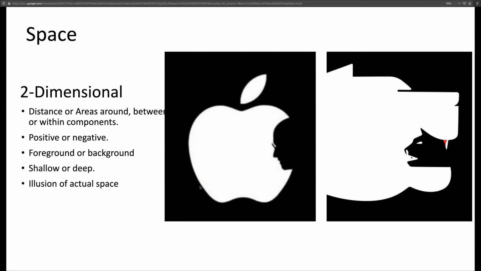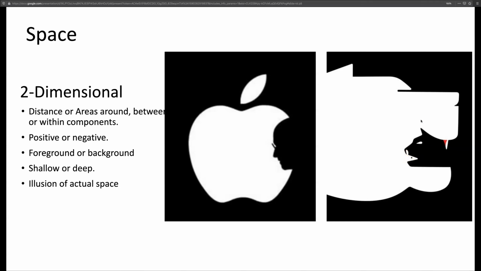And so in these images that I'm showing, you can see the foreground is the apple, but in the background you see the profile of Steve Jobs. This came out the same day he passed away, this image. In this one, the positive and negative, foreground and background go flippity-flop, because you can see a dog, and then in this negative space is a cat. But in the cat's mouth, you guys see that there's a mouse right there. So it goes back and forth and back and forth.